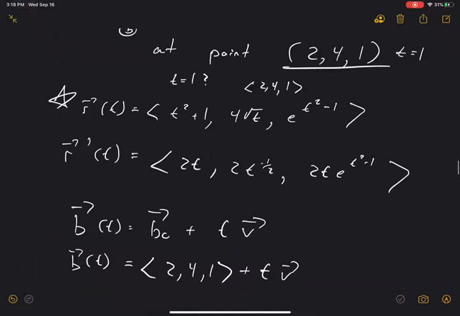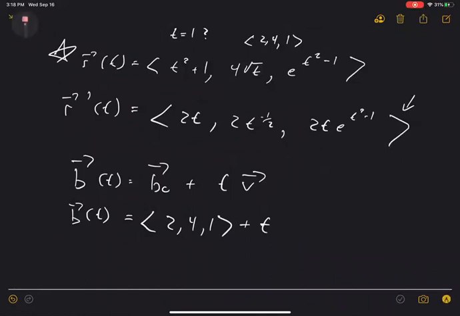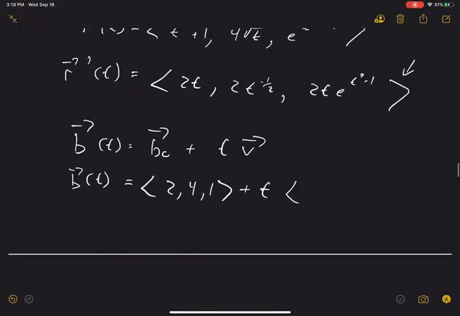So now I'm going to take that 1 and plug it into my derivative. When I plug t equals 1 into my derivative, I get 2 times 1, so 2 over the square root of 1, which is again 2, and then I get 2 times 1 times e to the 0, which is 2.